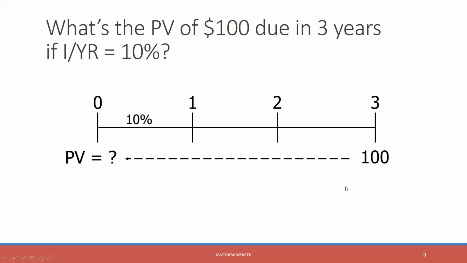So an important point that we can't emphasize enough is notice how this is period 0. We start here at 0. And so the first year it's 10%, right? As we get all the way up, it'll always be 10% for each year.